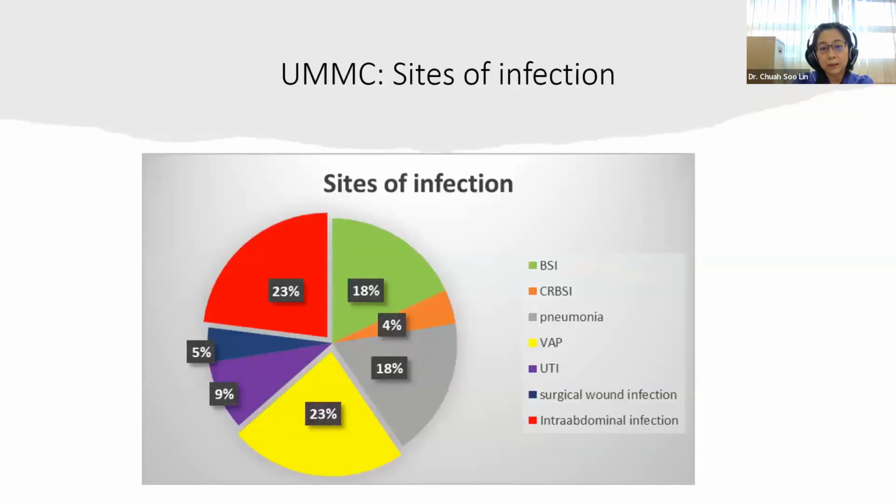For the sites, intra-abdominal infections are similar to other reports, with a higher incidence. Besides that, we have an exceptionally high incidence of VAP and pneumonia at the same time. VAP is ventilator-associated pneumonia.